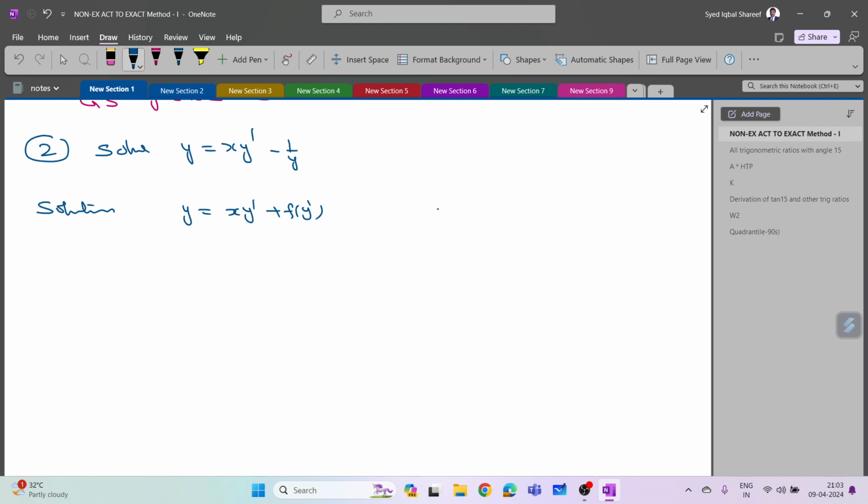So what is f of y dash? It is minus 1 by y dash. So f of c is minus 1 by c. So the general solution will be y equal to xc, here the sign is minus, so minus 1 by c is the answer.